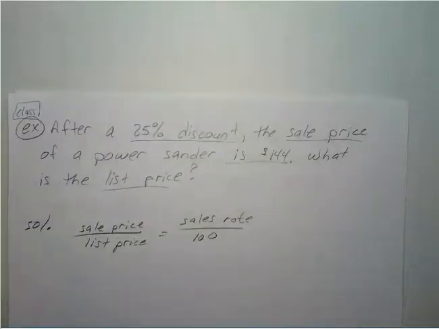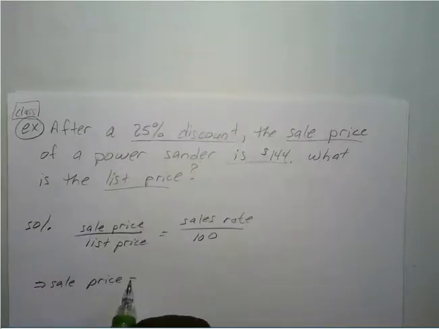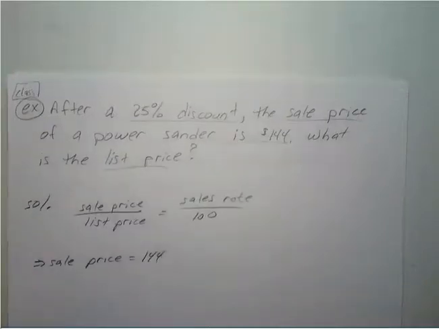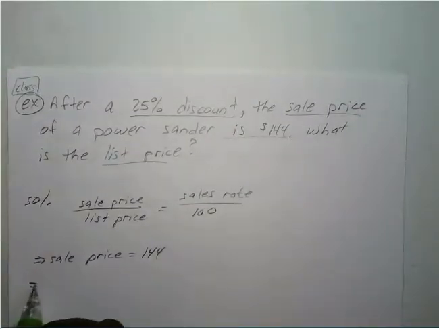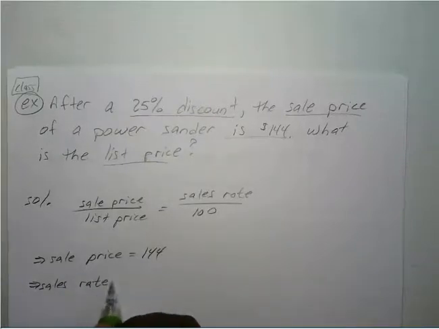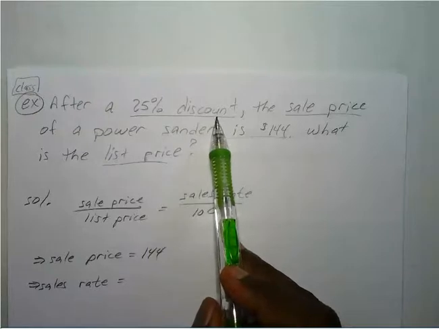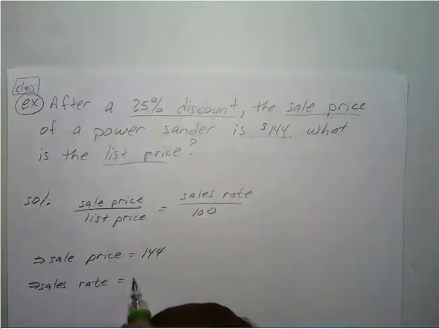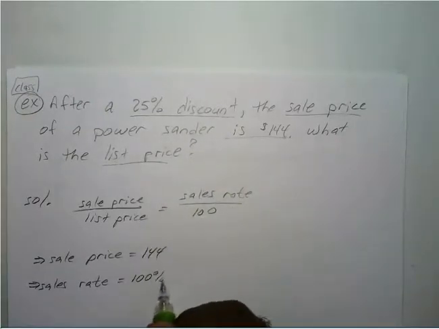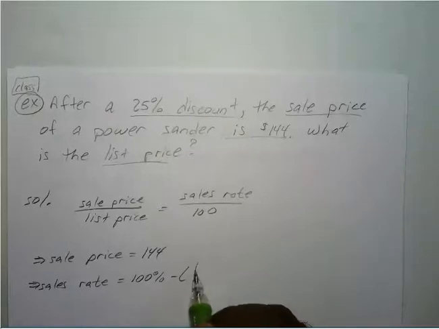Okay. So your sale price is equal to $144. Now your sales rate, remember, when they give you the discount rate, your sales rate is equal to 100% minus your discount rate.